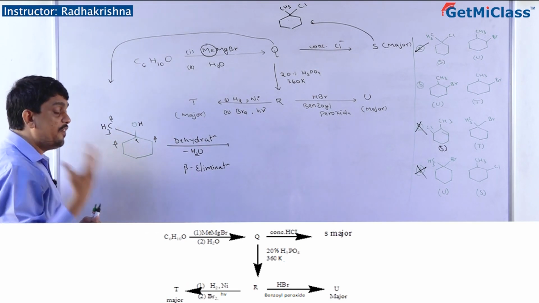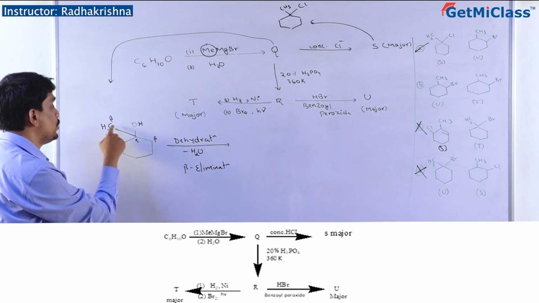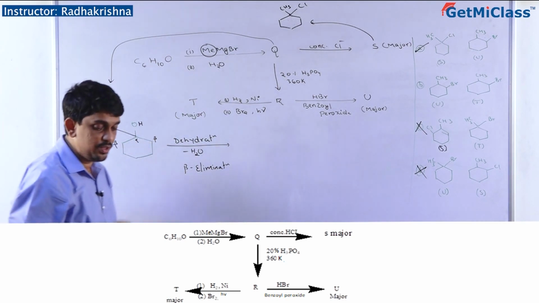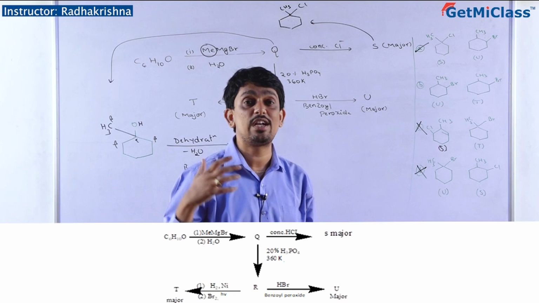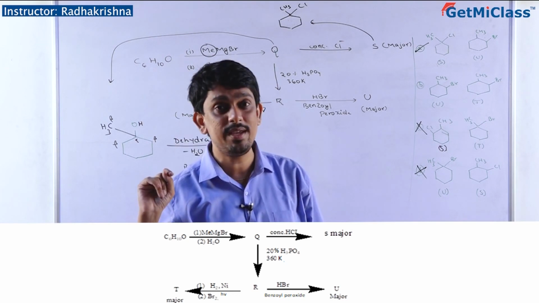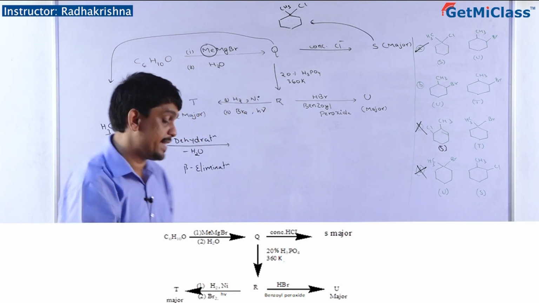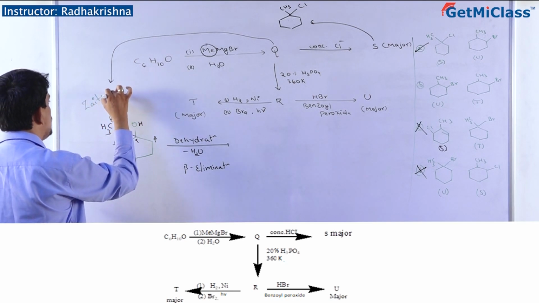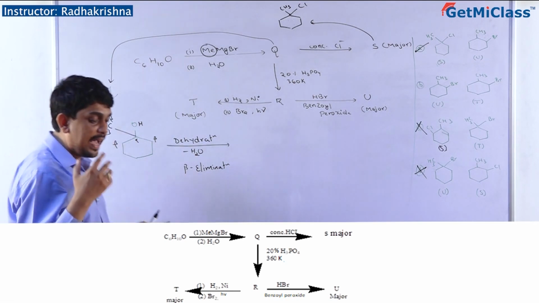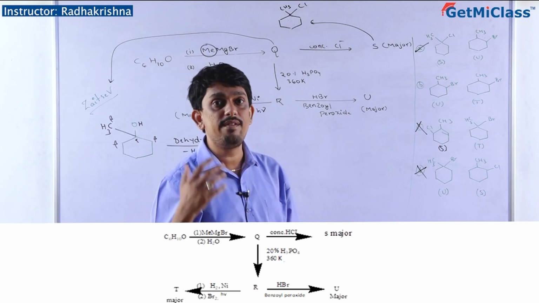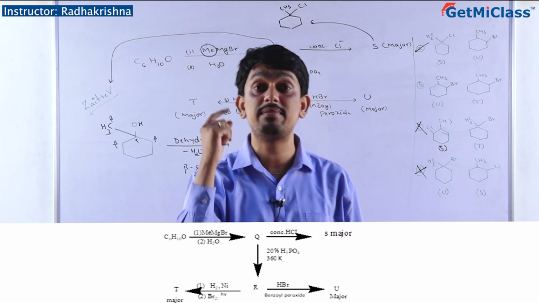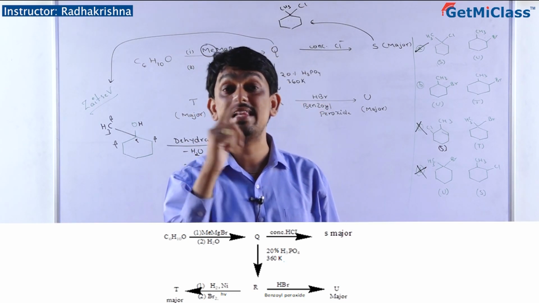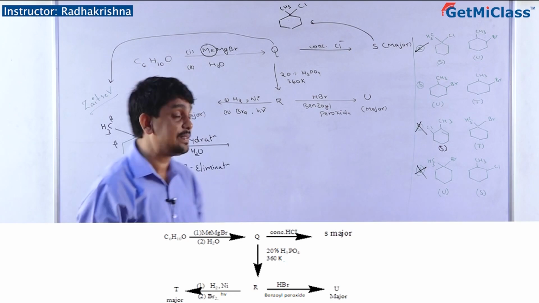Now, which beta carbon will you choose to remove hydrogen from? Whenever you have this kind of ambiguity, which rule are we following? We are following Saytzeff rule. According to Saytzeff rule, we should remove hydrogen from that beta which has the least number of hydrogen in it.